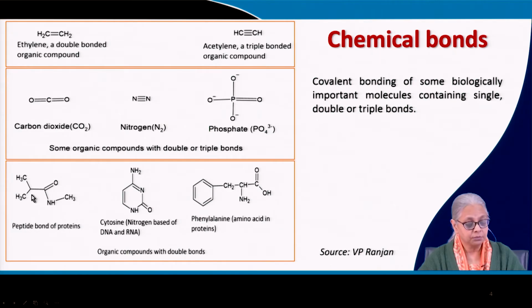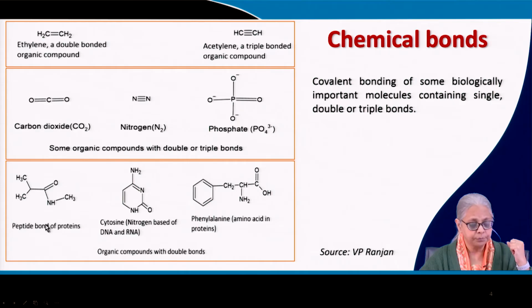In proteins we have carboxyl groups. Proteins or amino acids are identified by the fact that they have one carboxyl group and one amine group, and you can see one of them is a double bond and the rest are all single bonds.